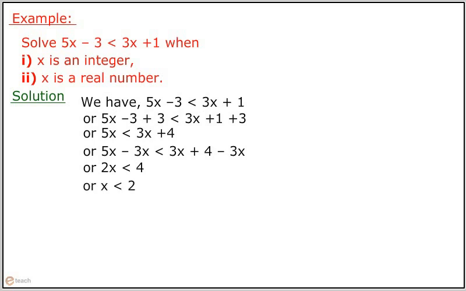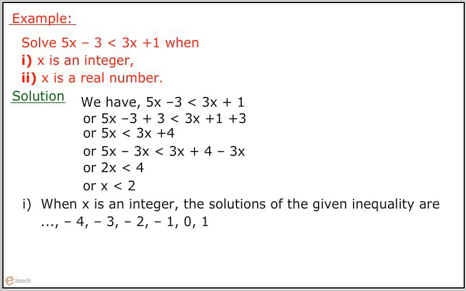Now in case 1, when x is an integer, the solutions of the given inequality are -4, -3, -2, -1, 0, 1. Again in this case, all the integers less than -4 will also comprise the solution.